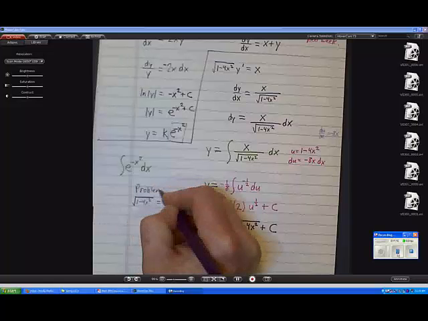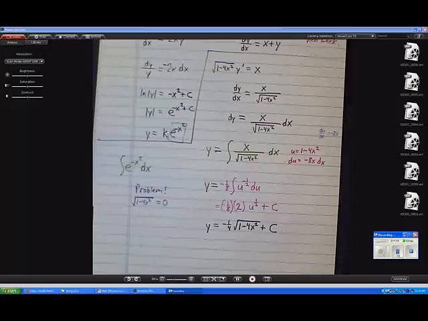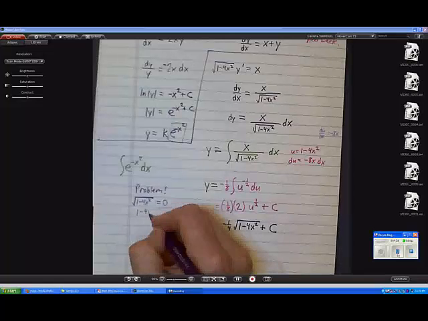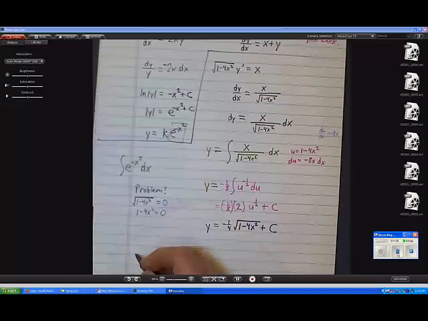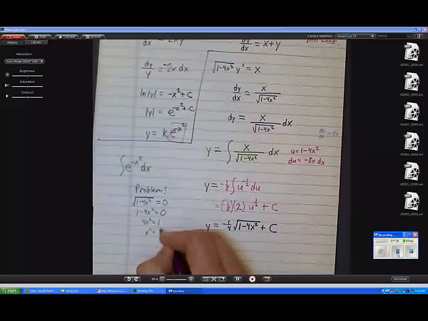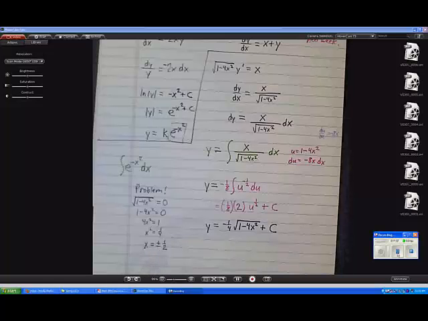Right? That's what you're saying. And so let's go through and see what that would mean. That would be the same as 1 minus 4x squared equaling 0. So 4x squared equaling 1, x squared equaling 1/4. So x equaling what? Plus or minus 1/2 could be a problem, right?